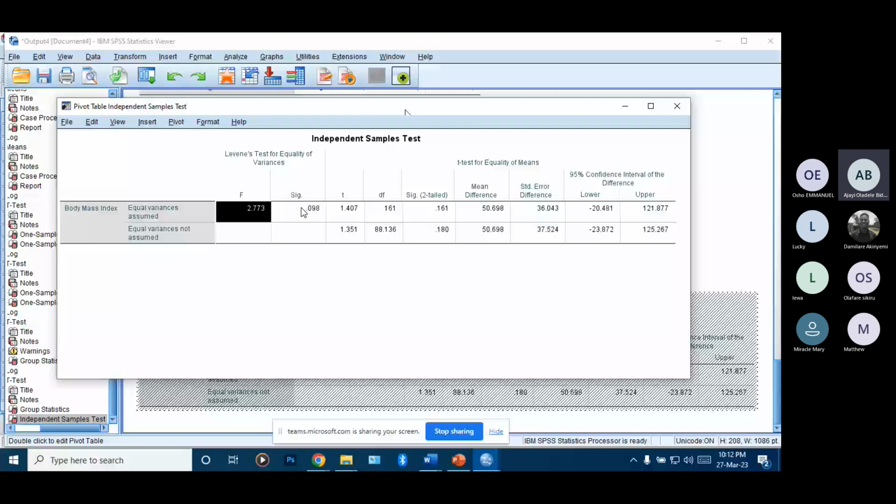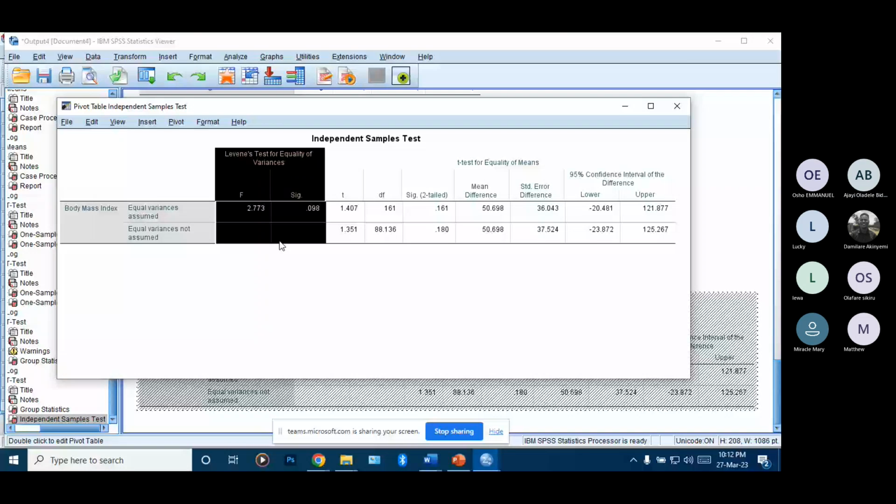In this case, our p-value is not less than alpha, so we do not reject H naught. Are we okay? That means the variances are equal.